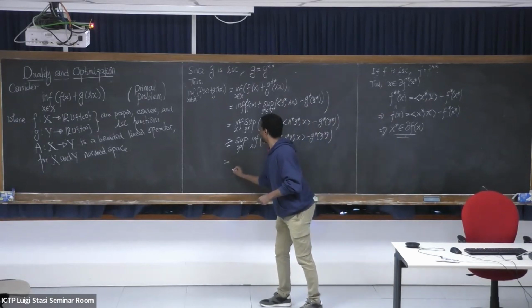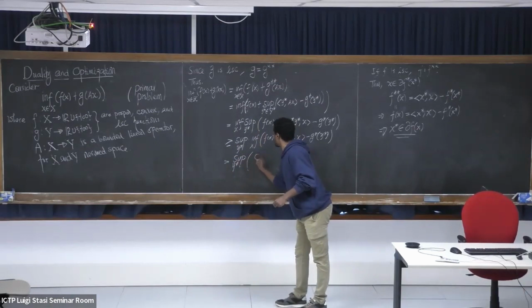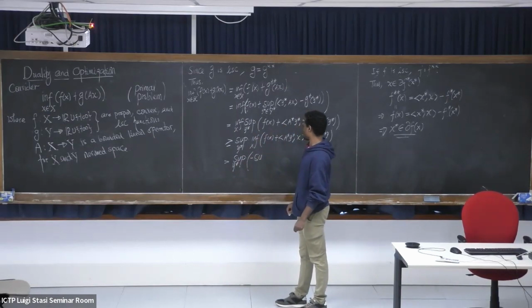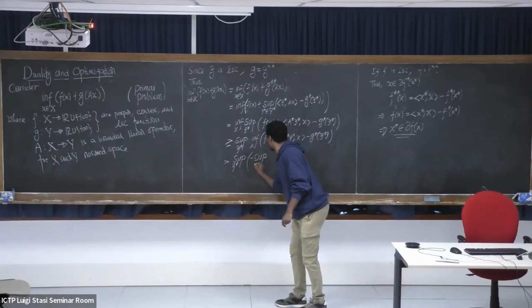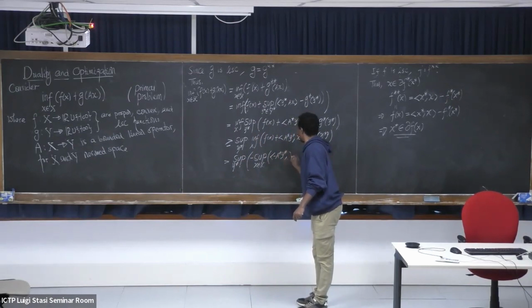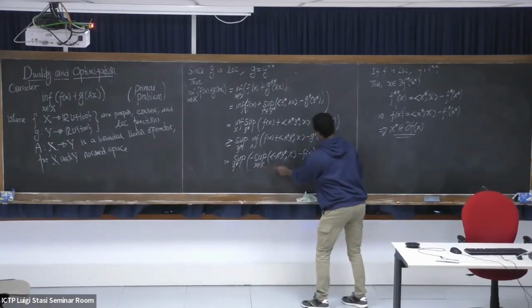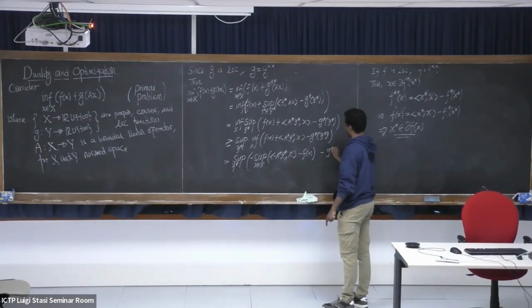So I can take the negative: negative of the supremum over x of the pairing of minus A star y star with x minus f of x.